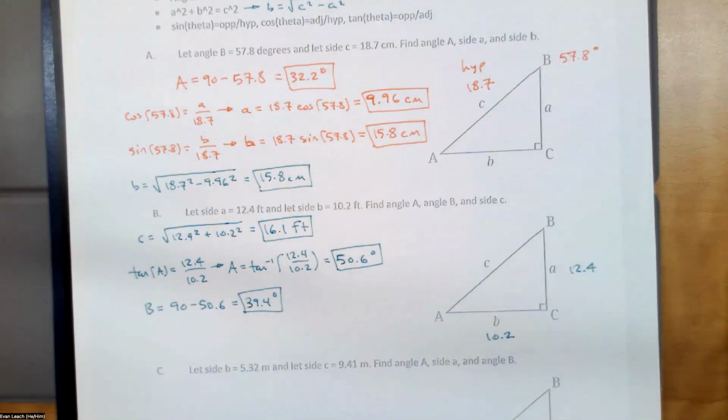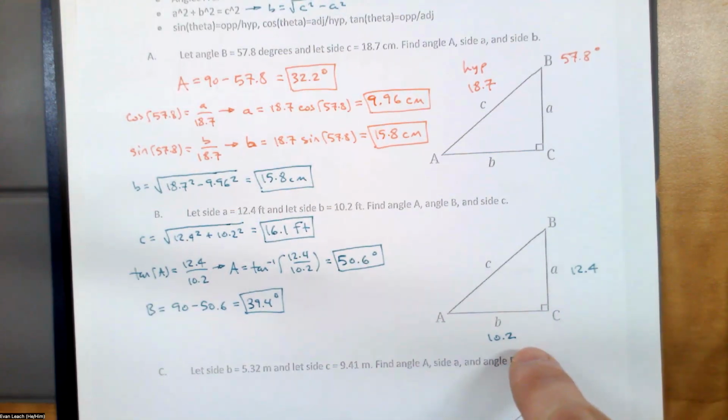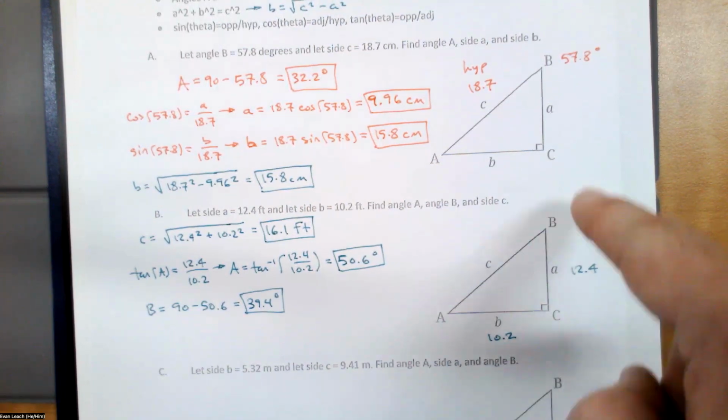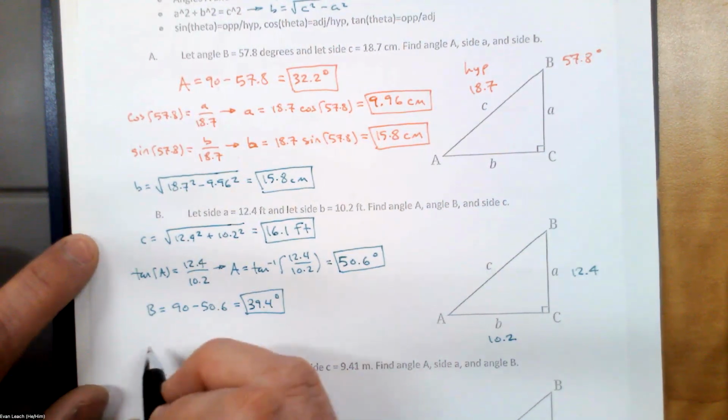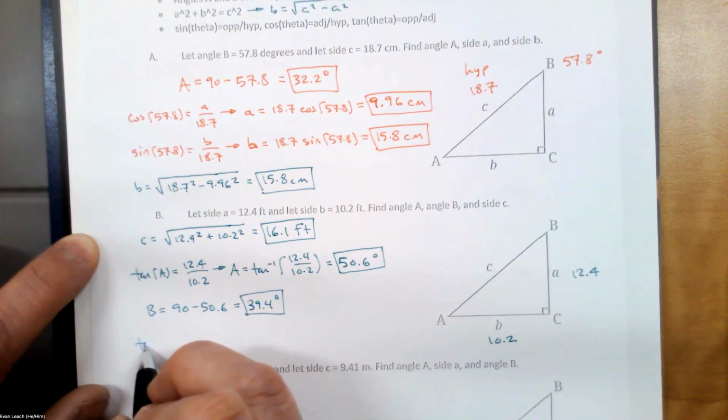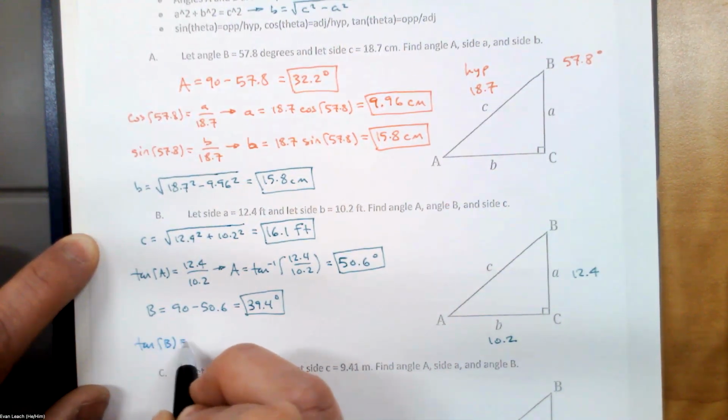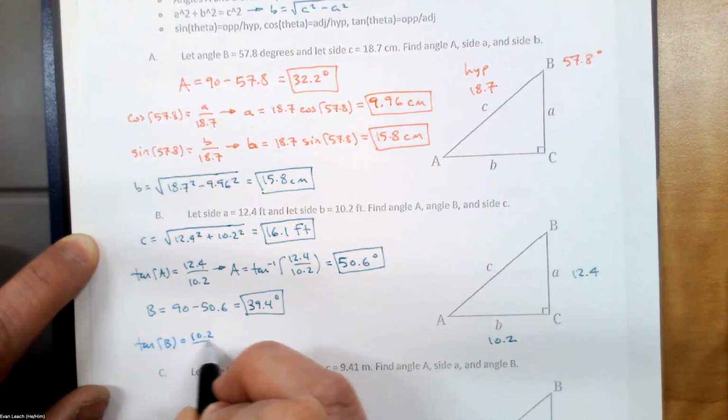If you wanted to be fancy, you could just flip over the 12.4 and the 10.2. 12.4 is opposite A, 10.2 is adjacent to A, 10.2 is opposite B, 12.4 is adjacent to B. So maybe you're like, oh, I'm going to be fancy and say tangent of B is opposite over adjacent.